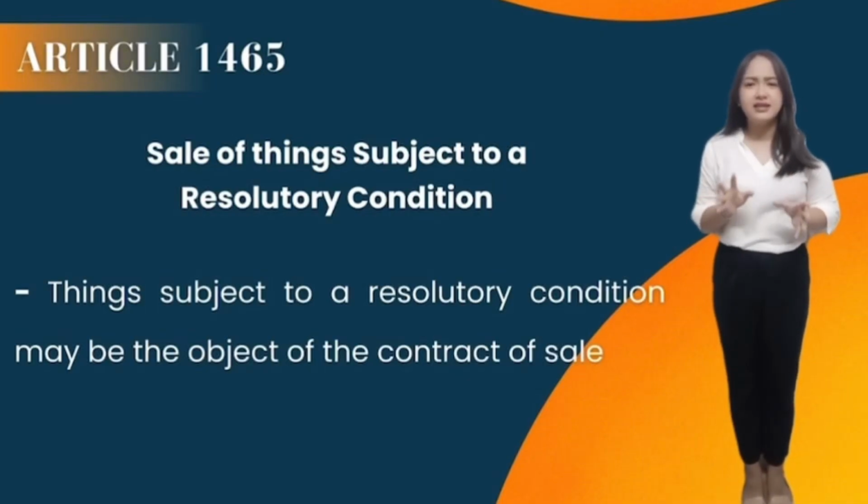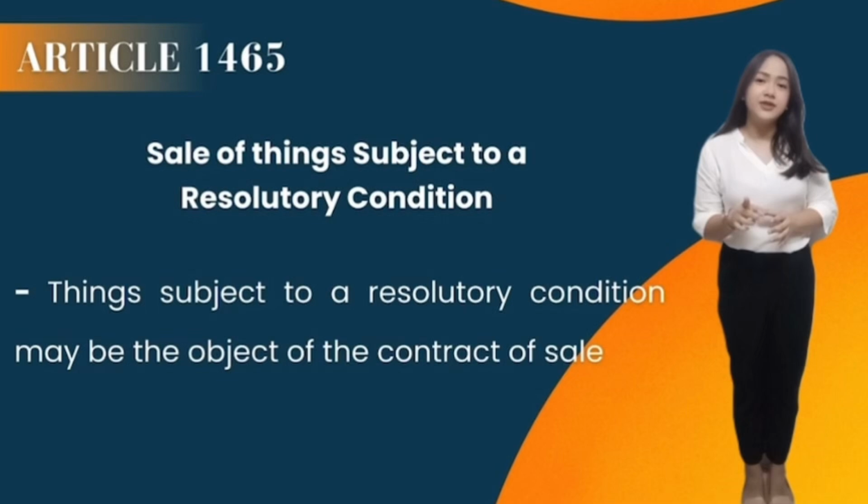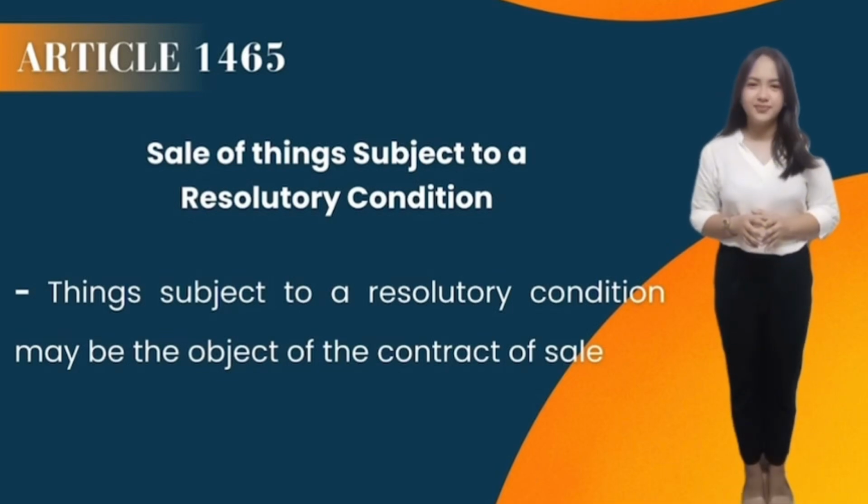Even when Harry sells it to Voldemort, Voldemort's ownership is also subject to the same condition. If 10 years pass and Dumbledore doesn't repurchase it, then Voldemort becomes the absolute owner.